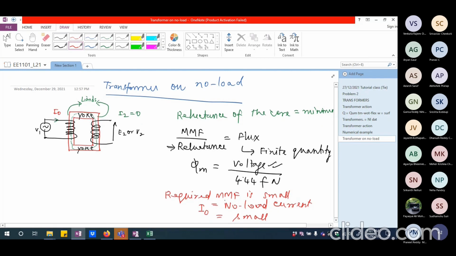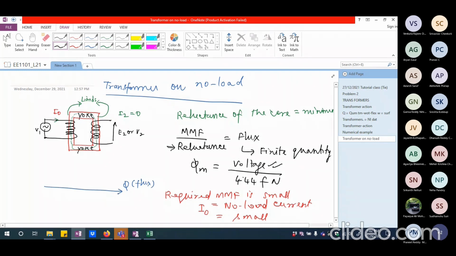If I try to draw the phasor diagram for the transformer under no load condition, the common quantity between the primary and secondary is the flux. So I'm going to draw this as the common quantity, the flux. Now I'm going to have a magnetizing current drawn by the transformer.